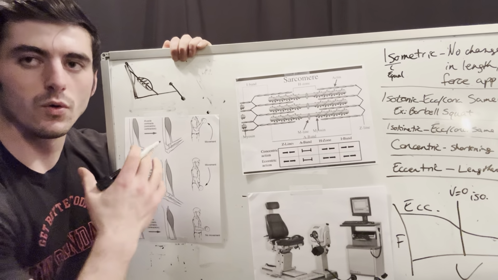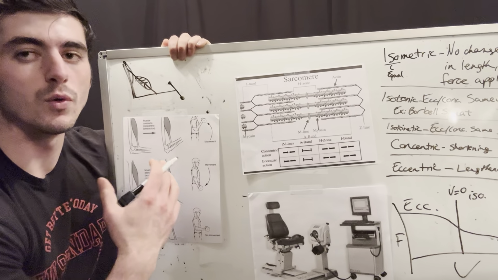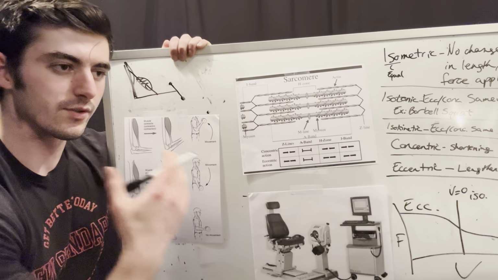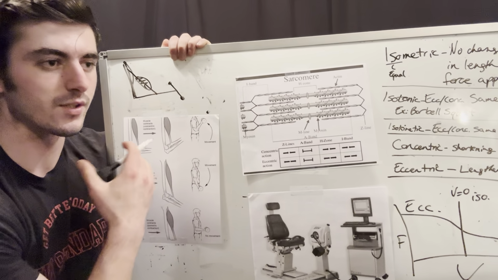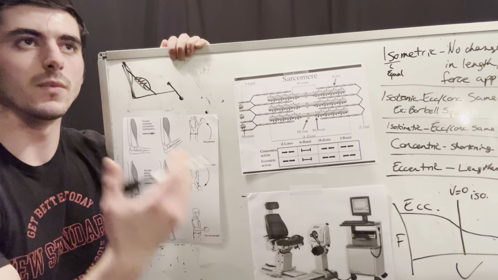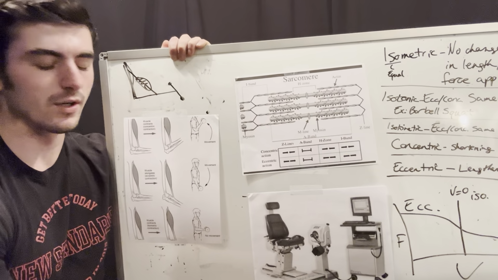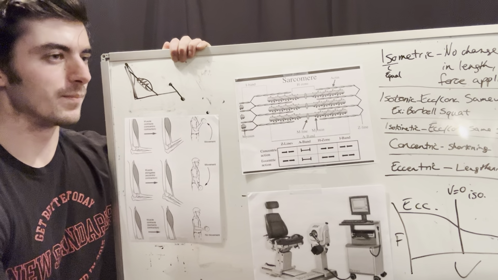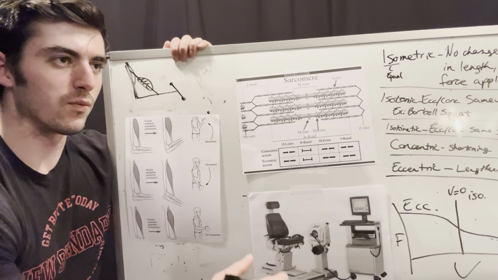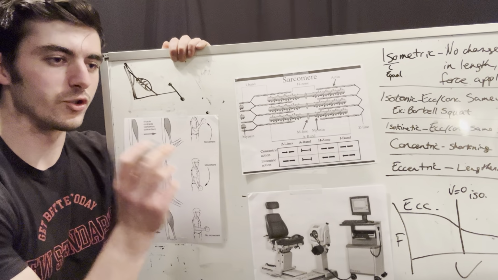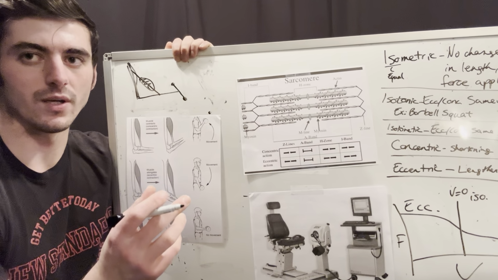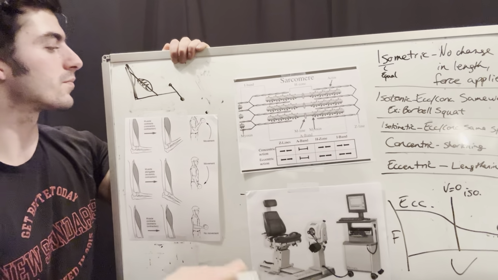But the cool part about this is we're still able to apply an internally generated force to an external muscle force or an object. So like I said, you'll see this in a lot of rehab settings, but it is a way to apply force without a change in the sarcomere or muscle cell length or muscle belly length.